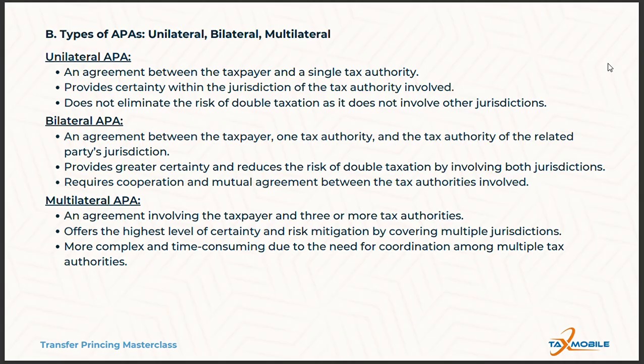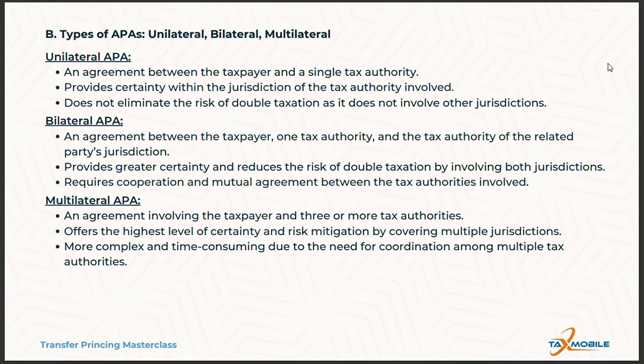That means it involves the jurisdiction of the company that is involved and the subsidiary. So let's look at the advantages. The advantage is that it offers greater certainty and reduces the risk of double taxation as it involves both jurisdictions.